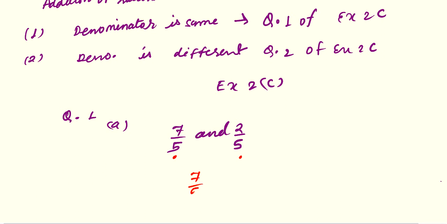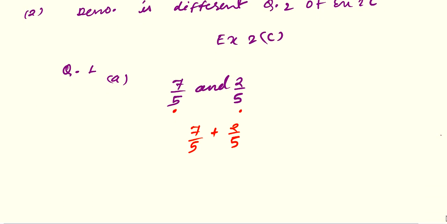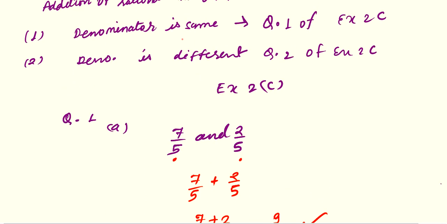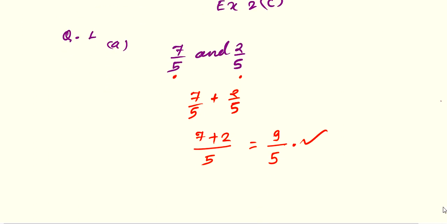So 7 by 5 plus 2 by 5. The denominator is the same, so you can write only 5 here. Now 7 plus 2, so your required answer is 9 upon 5. So this is the first type, when the denominator is the same. Okay, one more question from question number 1.